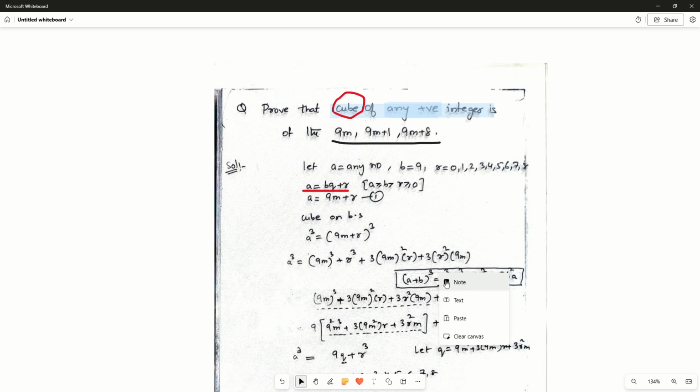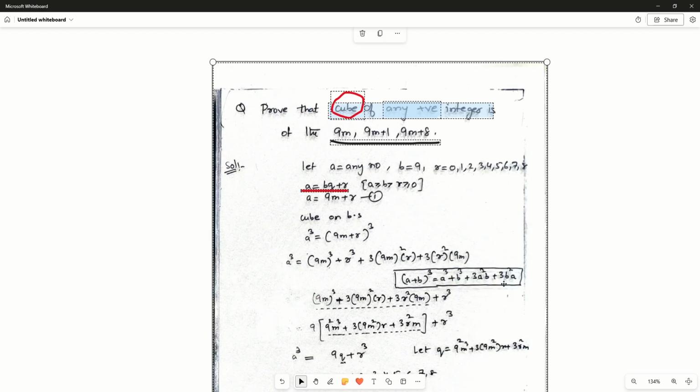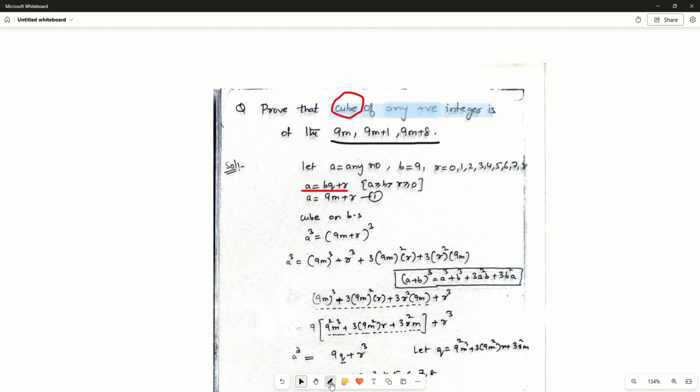According to this formula, a is equal to bq plus r, a cube: a plus b whole cube is a cube plus b cube plus 3a square b plus 3b square a. I am expanding the given expression in this form. a here is 9m and b here is r. Just relate every coefficient with this identity.